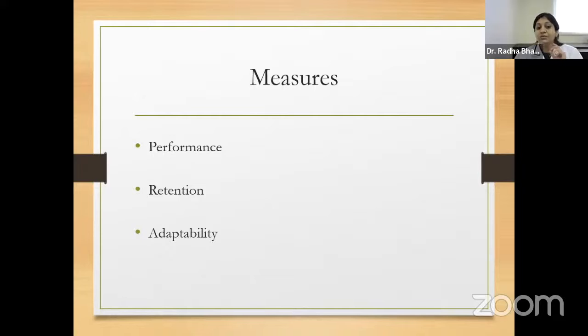But performance is not a very accurate measure of learning, because performance can depend on a lot of factors. If a patient is in fatigue, his performance will deteriorate. If a patient is anxious, stressed or depressed, his movement performance will be affected. So performance is not a very accurate measure of learning.